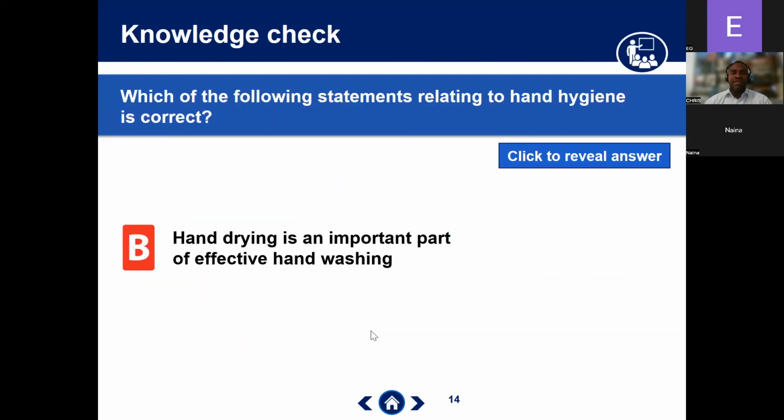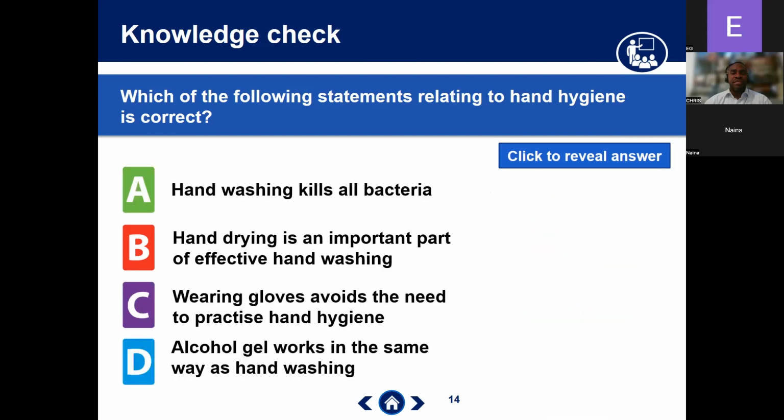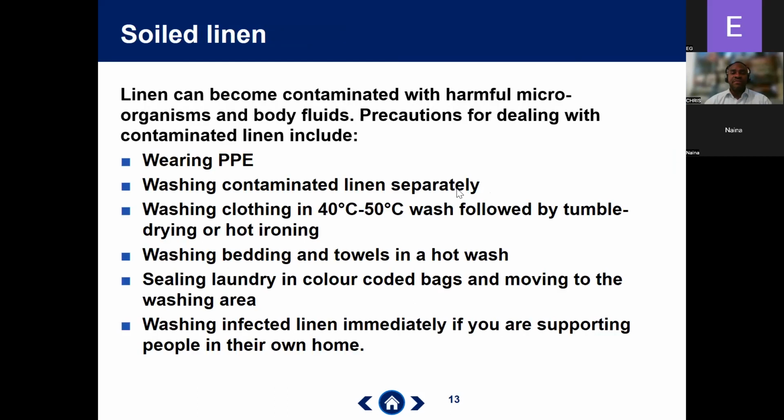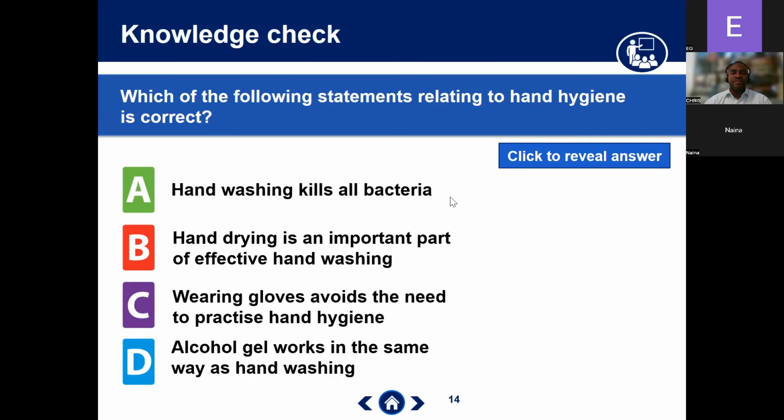I'll be happy if you take time to look at these questions later. Let's do this first one. Hand drying is an important part of effective hand washing. Is that true or false? Okay, let's look at this question. Chris, what did you ask? Hand drying? Okay, so we're just trying to look at these questions, just a form of quiz.